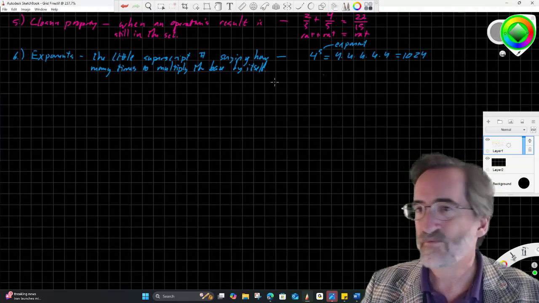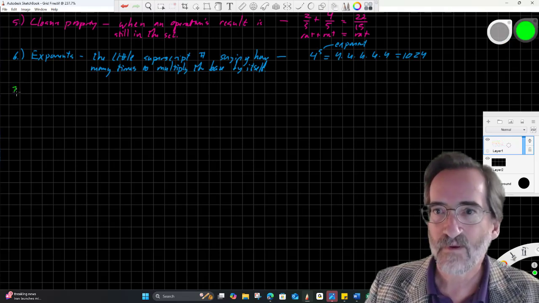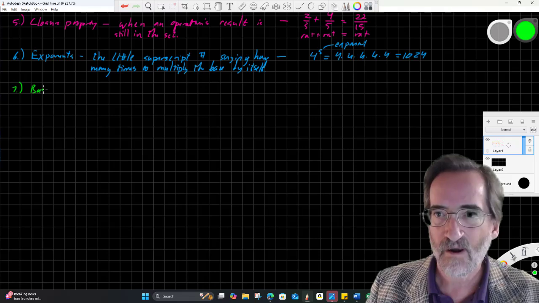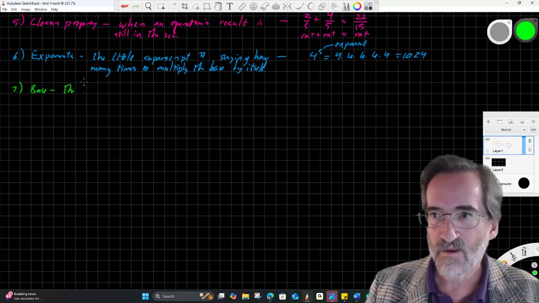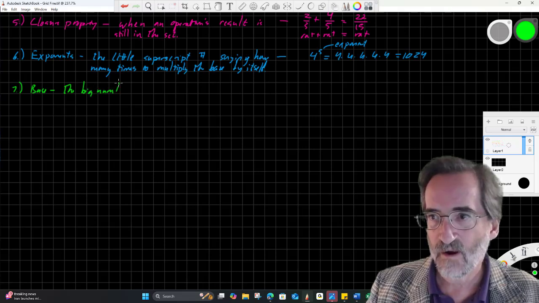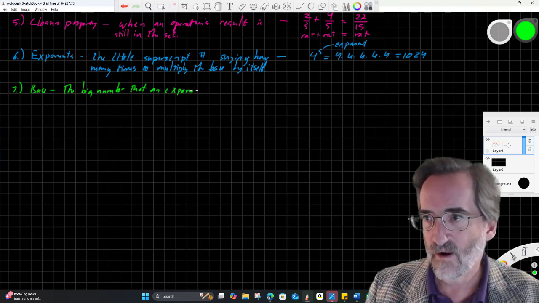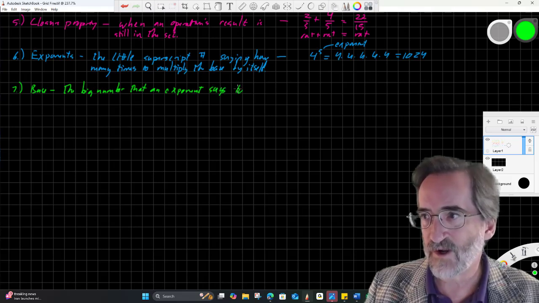Number 7. Base. The big number that an exponent says to multiply by itself.